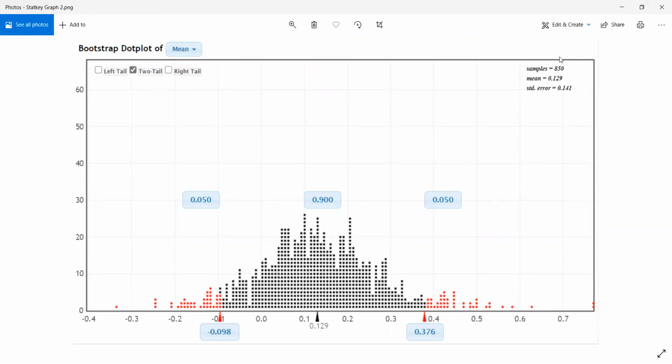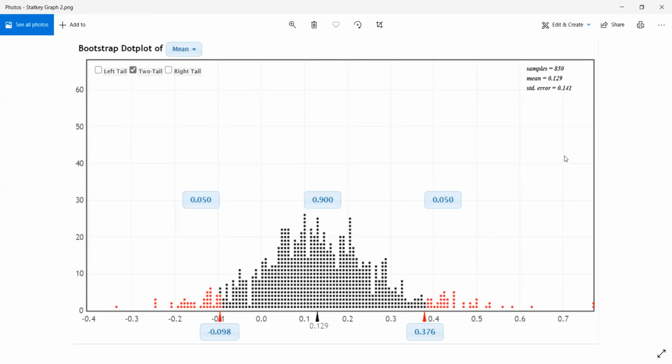In this particular case, first of all, looking at this, how many randomization samples did I choose in my simulation? 850. That's correct. So the top right-hand corner gives me the number of samples.